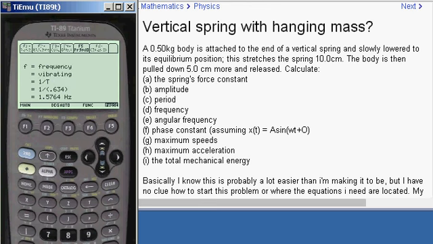That took me several hours to figure out. Frequency then is 1 over T. Potential energy of the spring, kinetic energy of the spring, and we have the velocity at equilibrium is 0.49 meters per second.